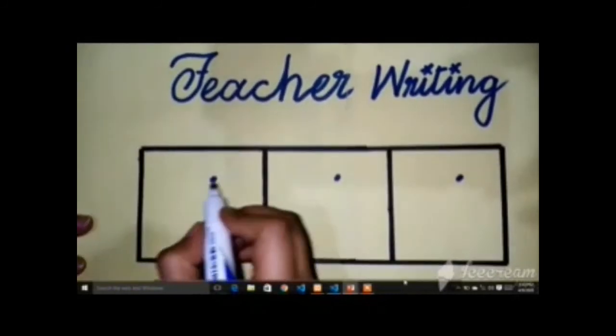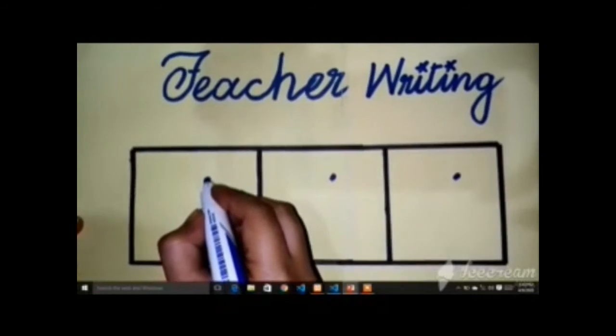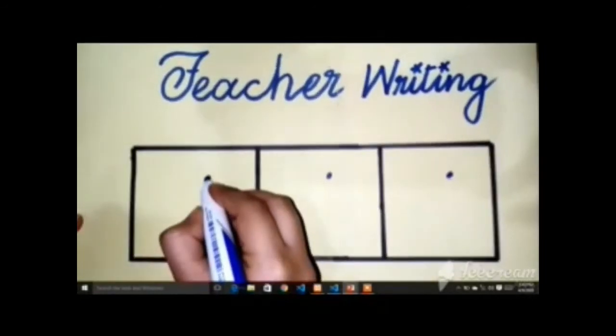Look at here. We start from this point and make a slant line.